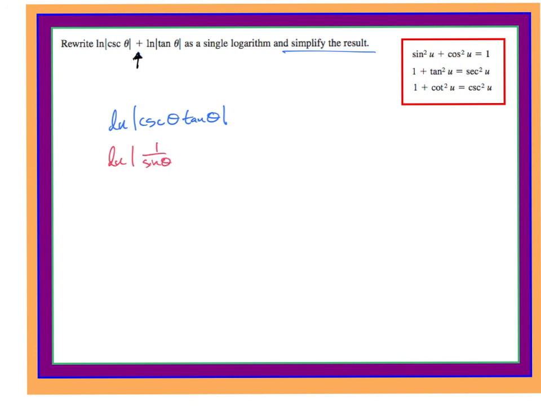And what is tangent? Sine over cosine. So the sines cancel, and I'm left with 1 over cosine, which is what? Secant theta. So this is the same thing as natural log of secant theta.